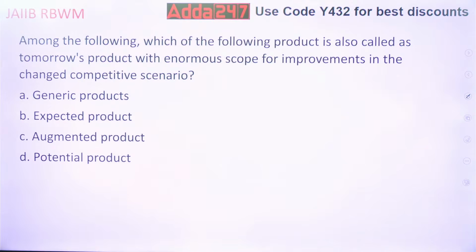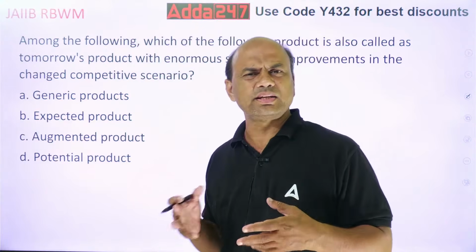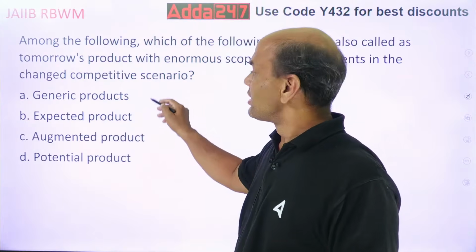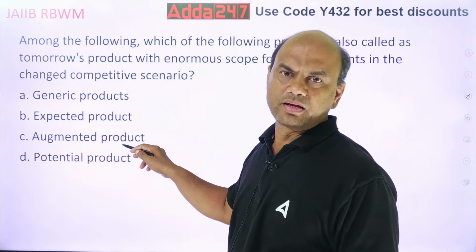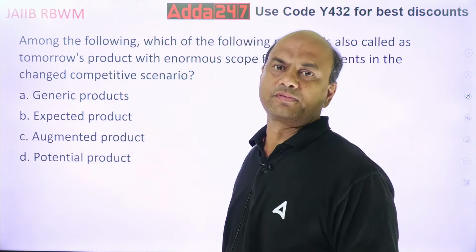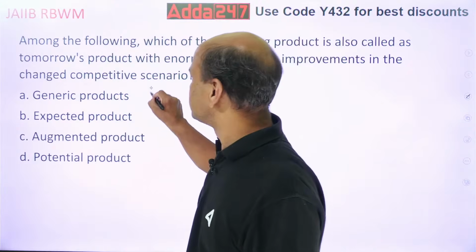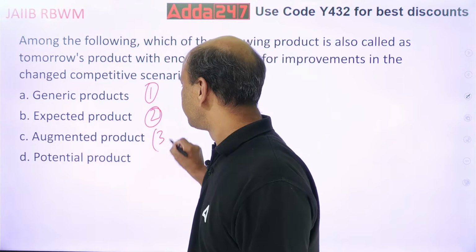So, which of the following is called tomorrow's product? What are the various levels of products? First is generic, second is expected, third is augmented, and fourth is potential. The sequence is also very important.